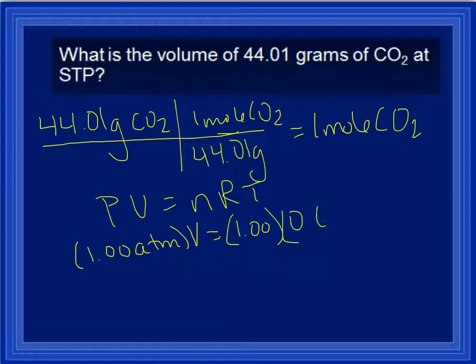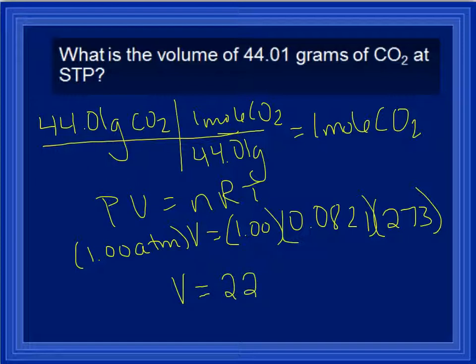R is 0.0821. And the temperature is 0 degrees Celsius or 273 Kelvin. So we multiply 1 times 0.0821 times 273 and divide by 1 to get a volume of 22.4 liters.